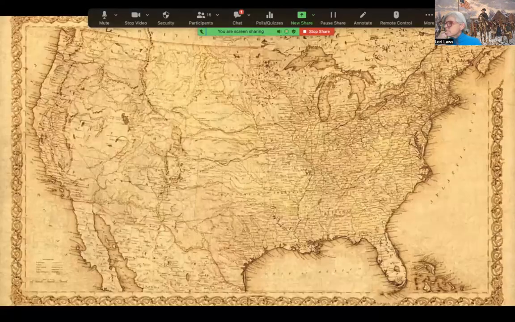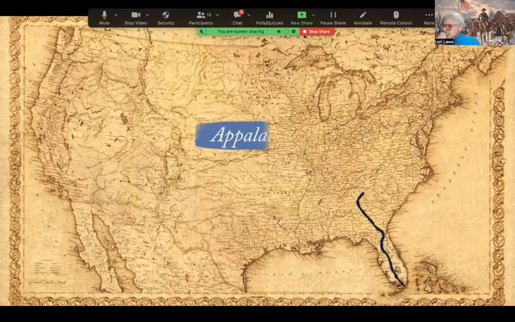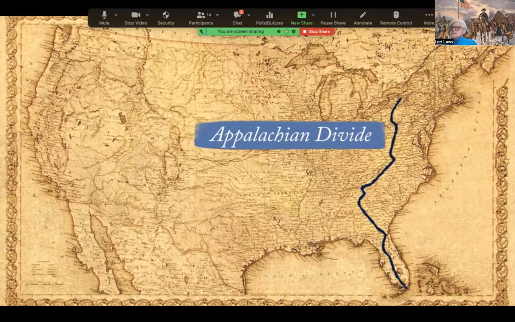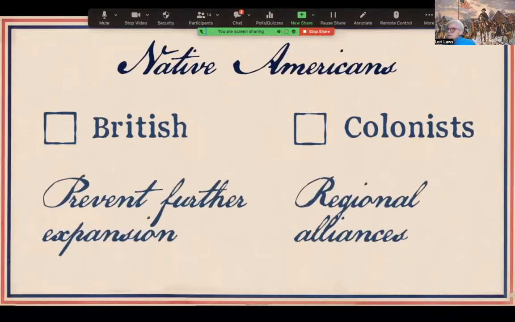He forbade all 13 colonies from buying land west of the Appalachian Divide, in effect creating a firm boundary on the wayward settlers who were increasing the number of raids. So, because of these reasons, many nations decided to side with the British. However, because of regional alliances, some Native American nations did side with the colonists. So, as with any group, this was a political decision related to personal freedom and bargaining.